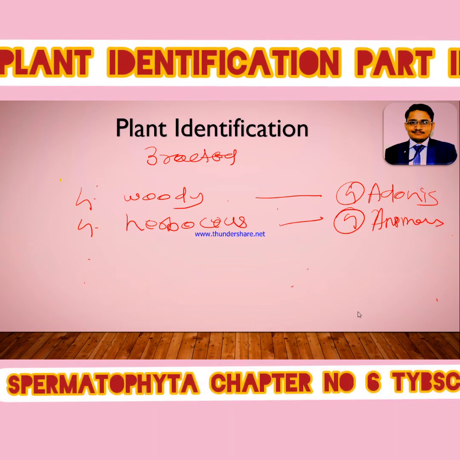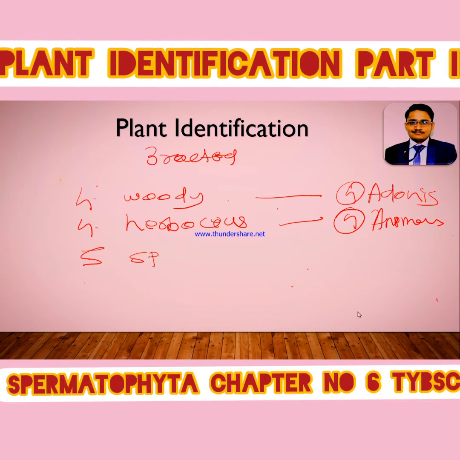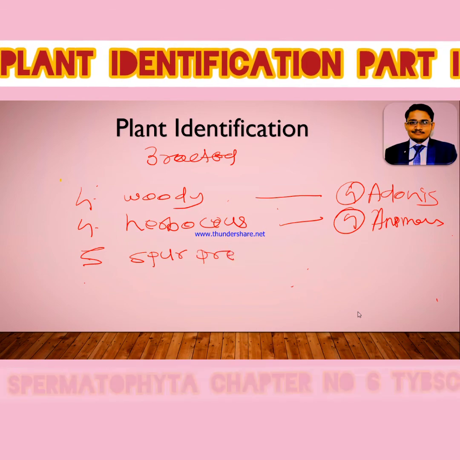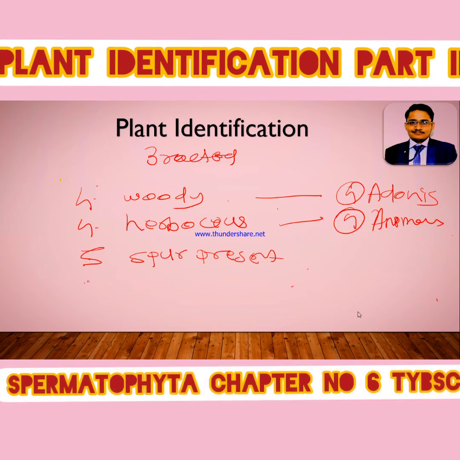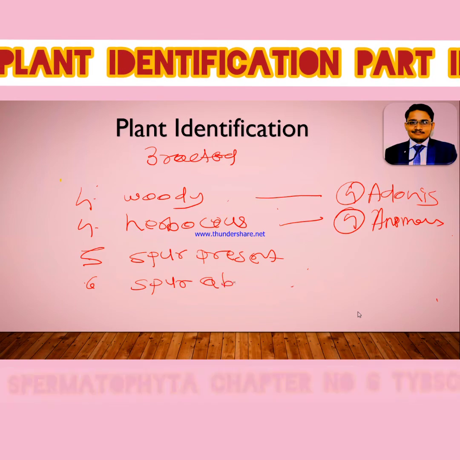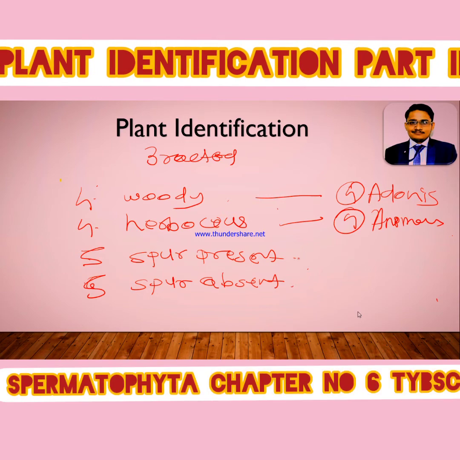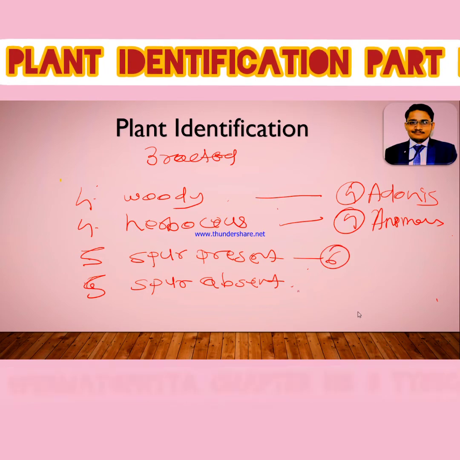If character number 4 is over, there is character number 5: spur present, spur absent. Go to character number 6.